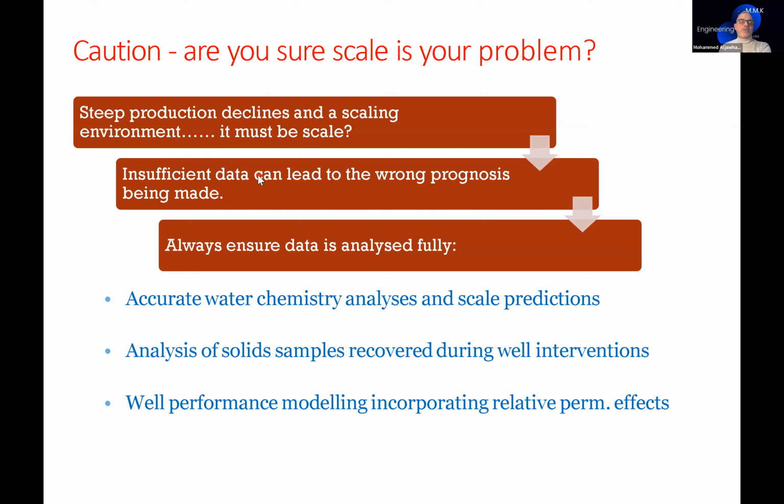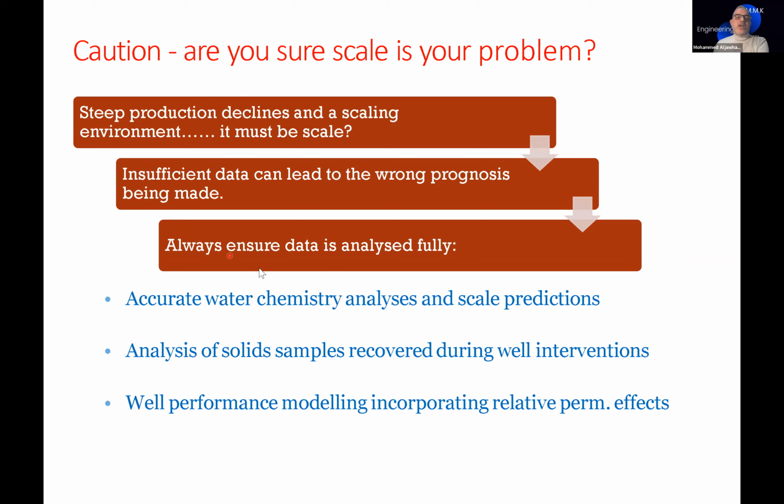Is it very bad, or is it in the first stage, the mid stage, or the late stage? How can we remediate this if we have a wrong prognosis and a wrong decision made regarding this insufficient data? So we always have to ensure data is analyzed fully.